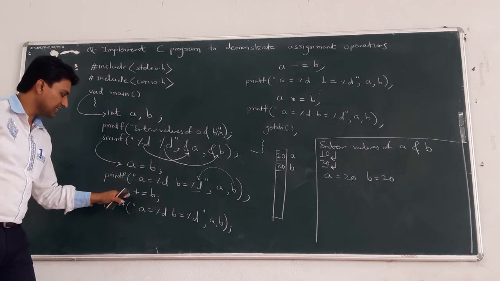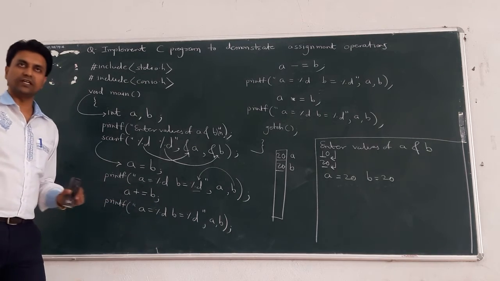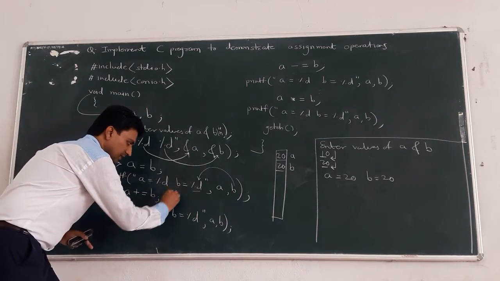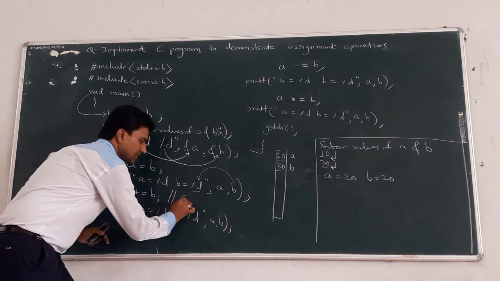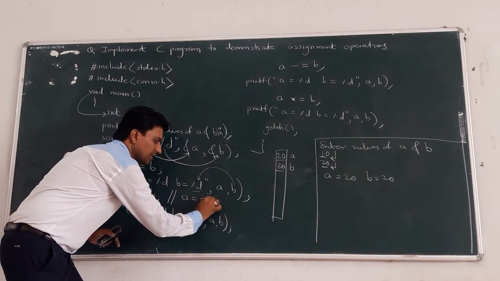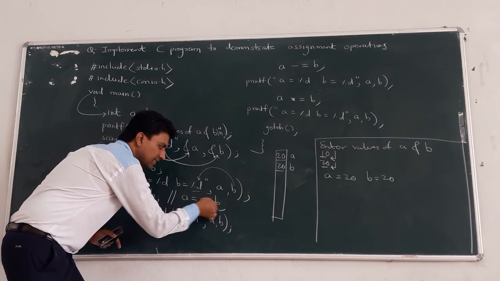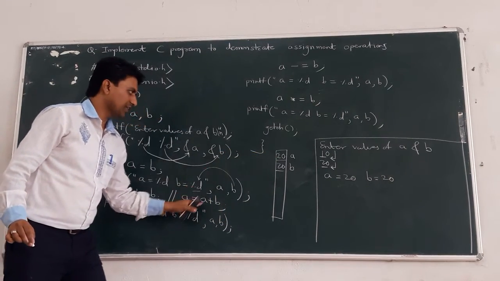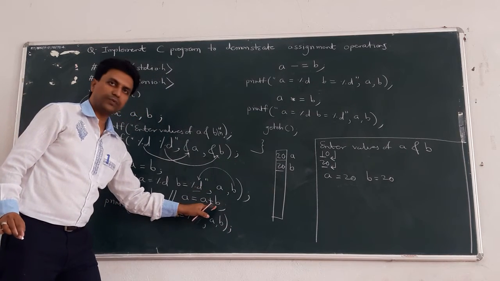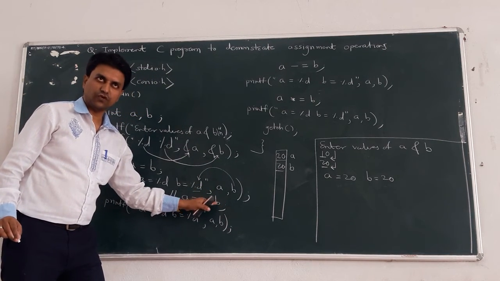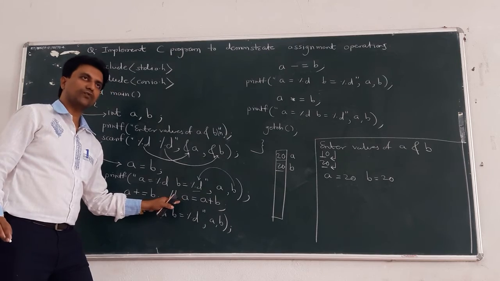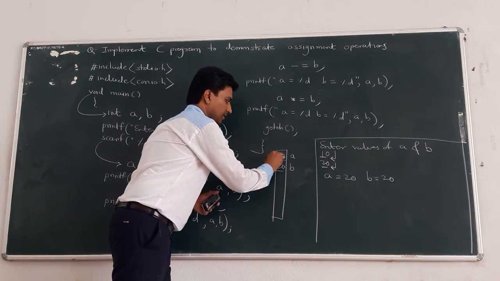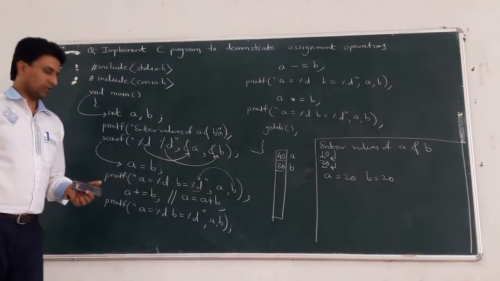Next statement is A plus equal to B. What is the meaning of this assignment operator? A is equal to A plus B, and assign this value to A. Now what is the current value of A? 20 plus the current value of B, 20. 20 plus 20 is 40, and the 40 value is assigned to variable A. So now A becomes 40.